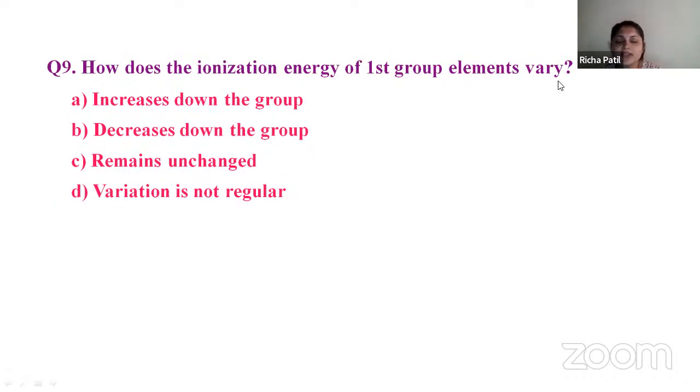How does the ionization energy of the first group elements vary down the group? Yes, what is the option?